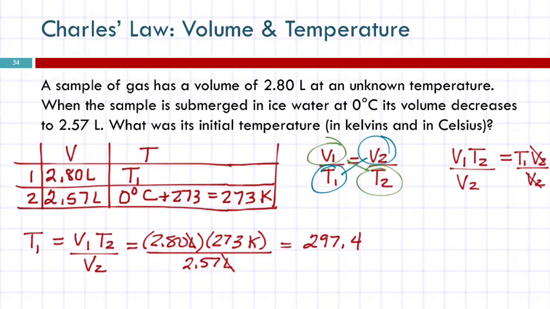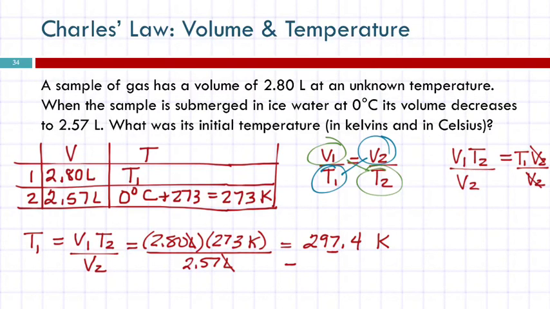297.4. That's more than enough significant figures Kelvin. I should have 3 sig figs in this answer. So that's the initial temperature, 297 Kelvin. It wants the answer in Kelvin and in Celsius.